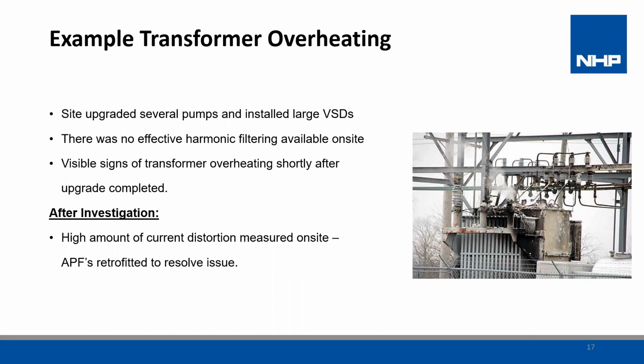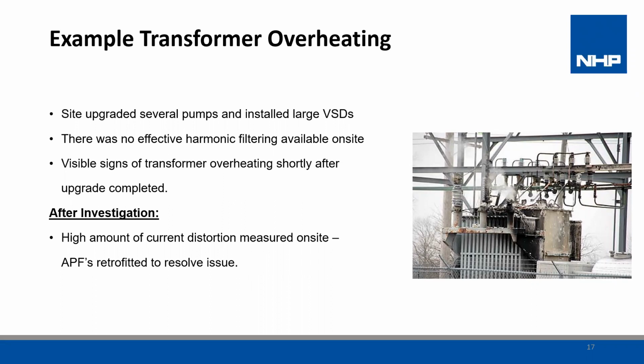After completing a comprehensive investigation and on-site analysis, it was found through a power quality audit that after the site had upgraded several pumps and installed large VSDs, there was a high amount of harmonic distortion present.